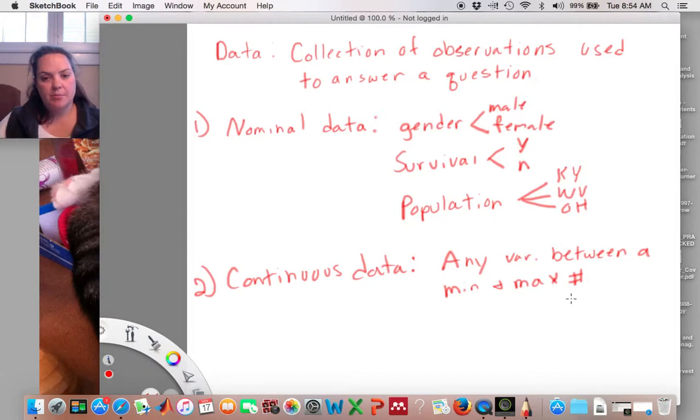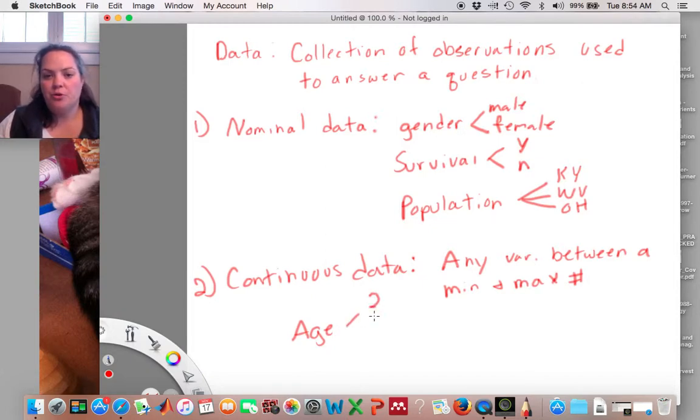So what are some examples of this? Well, age can be a continuous data type. So age, because a person can be anywhere from newborn up to, I don't know what the oldest person alive is now, but I would say in the low hundreds, right? So age is continuous.